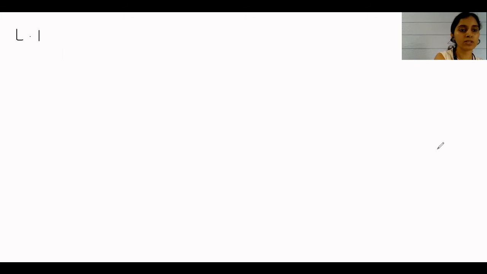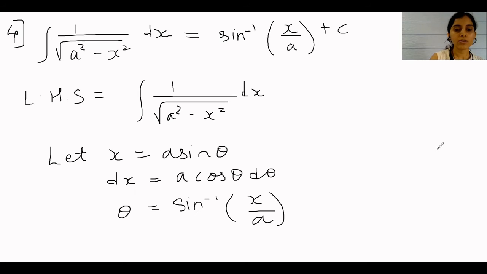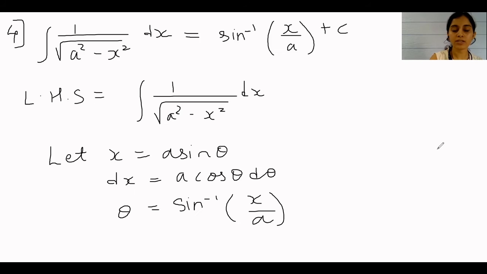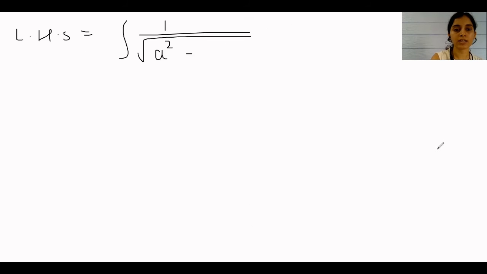Let us use the substitution for our LHS. So LHS will be equal to integration of 1 upon root of a square minus x square, where x is a sine theta, so we write a square sine square theta. And dx is a cos theta d theta.